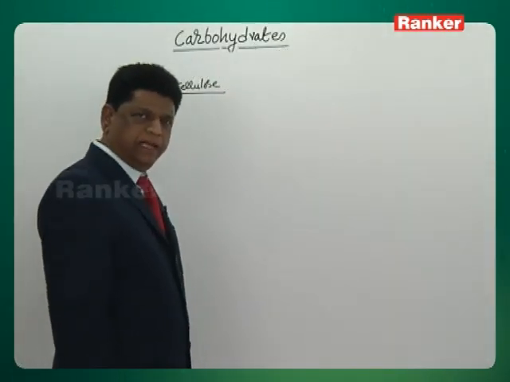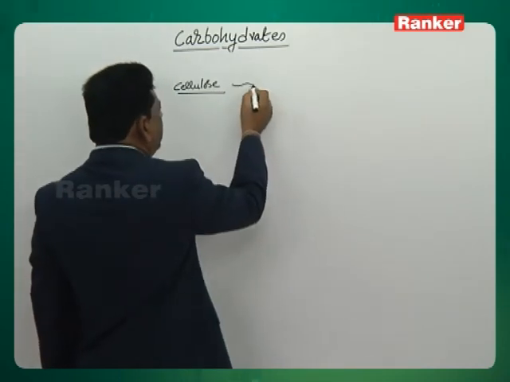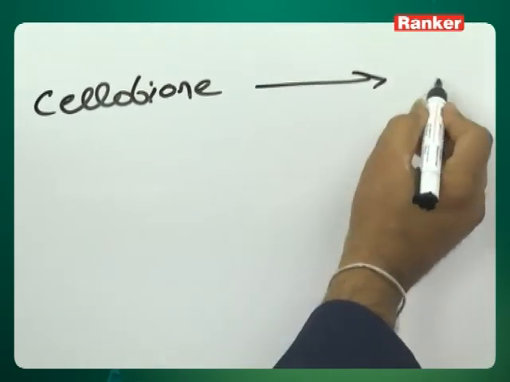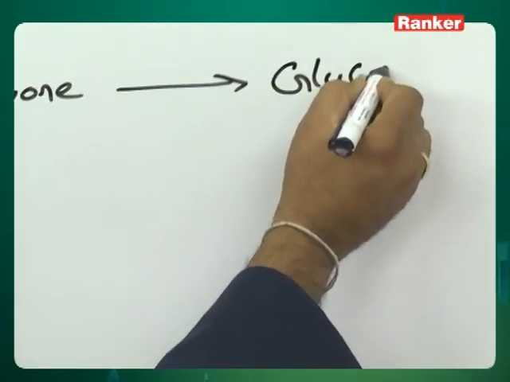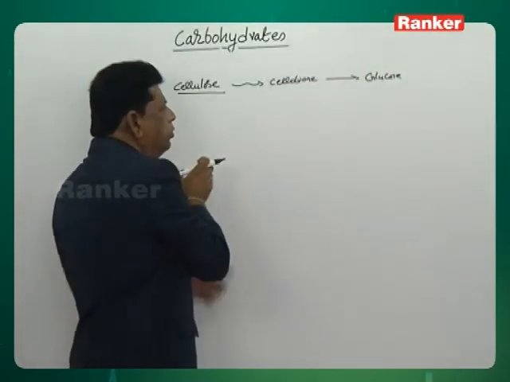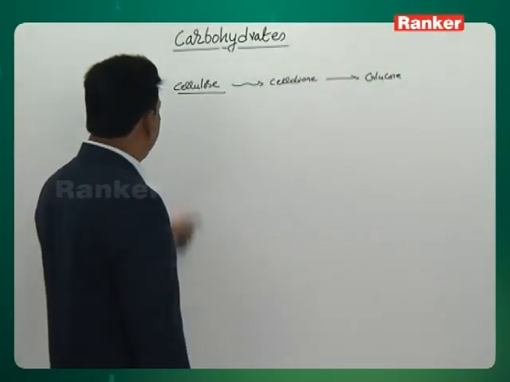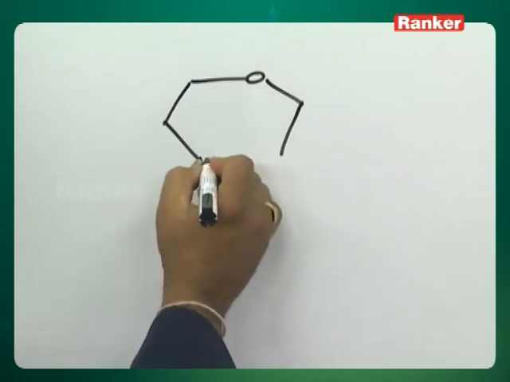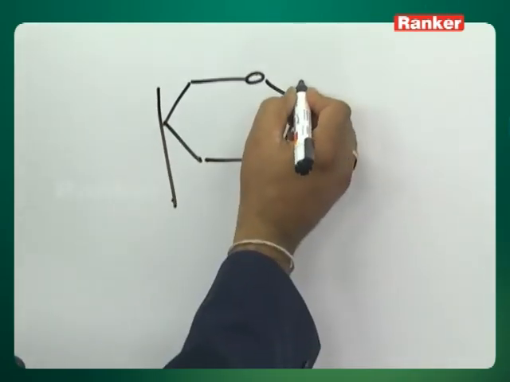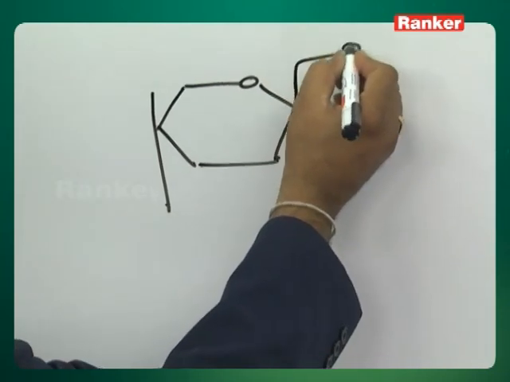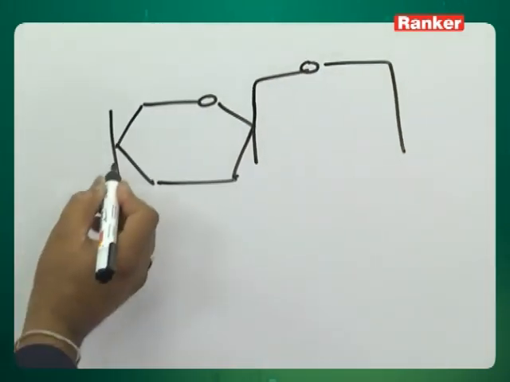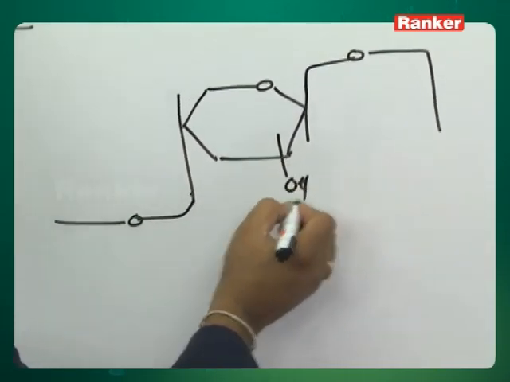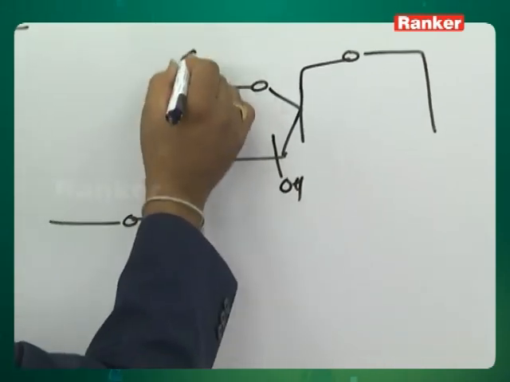Cellulose is a polysaccharide which on partial hydrolysis gives cellobiose. Cellobiose on further hydrolysis gives glucose. So how are the glucose molecules linked to one another? If you take beta-D-glucose, the first OH will be linked to another glucose, and the fourth OH is linked as well. The second OH is down, the third is up, the fifth is CH2OH.